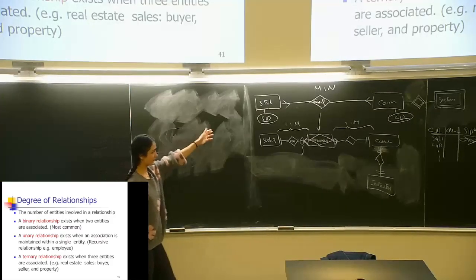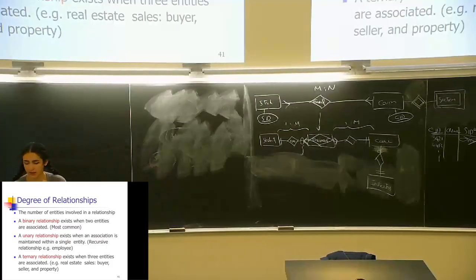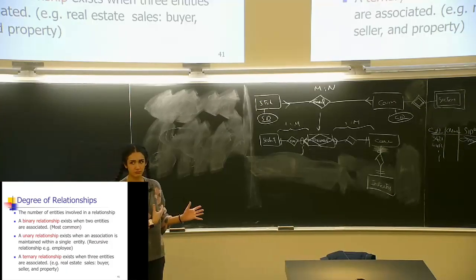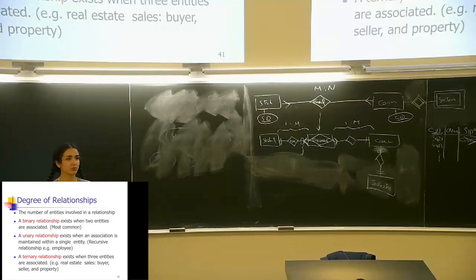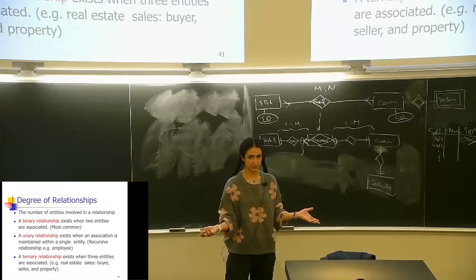All the examples that we covered so far are binary relationships. For example, the relationship between employee and department. Each employee can work in one department. Each department can have one or more employees, right? Or the relationship between order and product. Each order can include one or more products, and each product can appear in multiple orders, right?